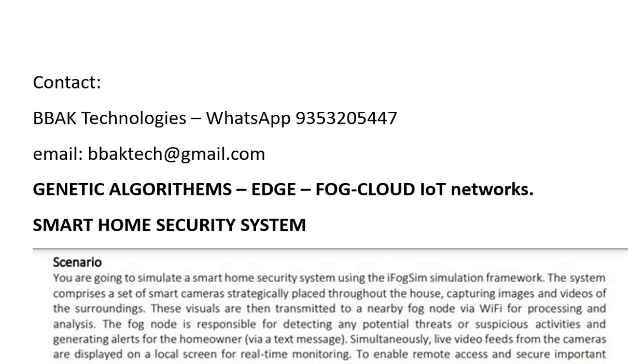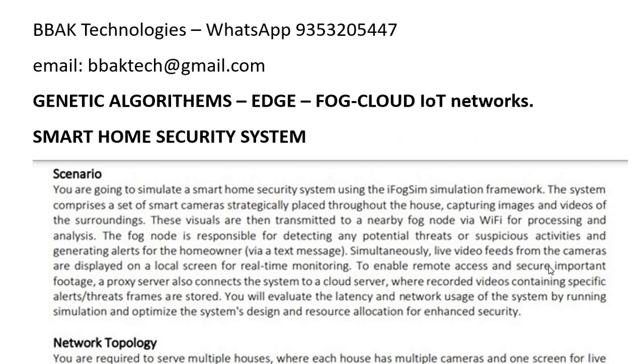They capture live videos and upload them to the Wi-Fi router placed in the house, and that Wi-Fi router will again connect to output devices like an LCD display, where people can see the live movements of the various objects in the house.